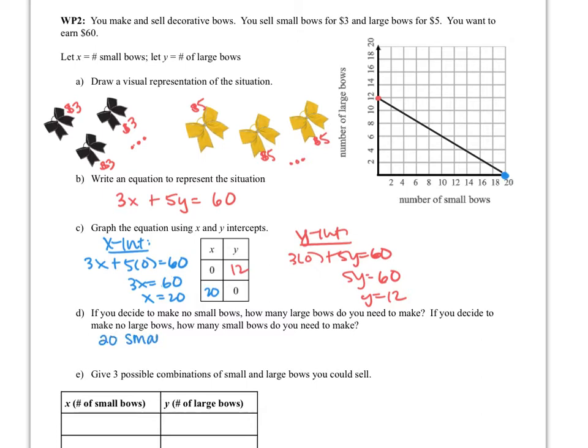That would mean you would need 20 small bows, 20 small bows if 0 large, because that's what that ordered pair 20, 0 represents. x is the number of small, y is the number of large. And vice versa, if you're only going to make large, that would mean that you would need 12 large if 0 small, and that's represented by our other intercept, which is 0, 12.